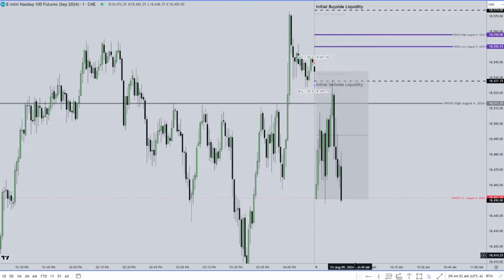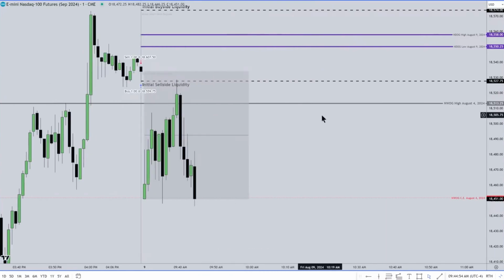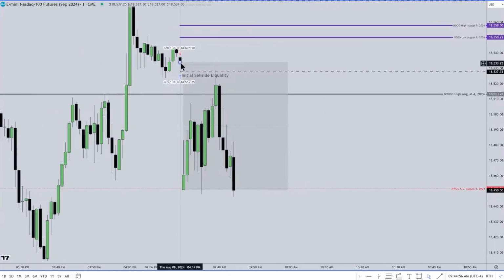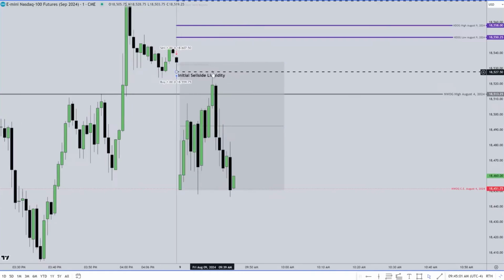In this case here, we can see that it's opening and trading back up into, not a full return back to the previous close. See, it didn't go up there. It just went right to where I gave you the initial sell side liquidity, how to frame it. Goes right to that, does a majority of the closure of the opening range, where we opened from where we closed. That difference is a gap.